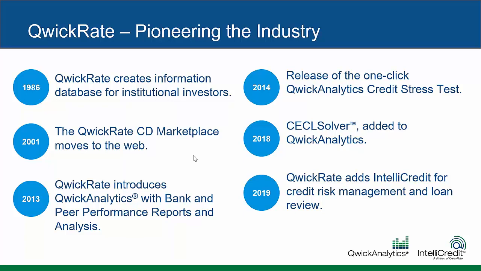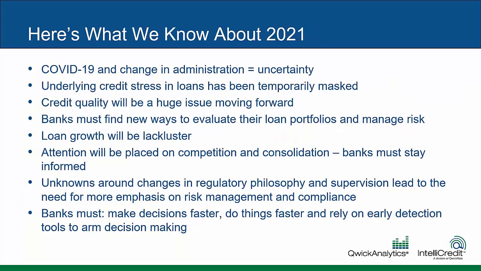In 2014, you can see we introduced a stress test, and then, as I mentioned, David and his team joined us in 2019 to build out IntelliCredit. So we're constantly looking for ways to bring efficiencies to you at the bank. My background, not only as president of QwickRate, is that I am a director in a community bank, so I experience firsthand a lot of the challenges that all of you are facing, and we really tried to design these with the community bank in mind.